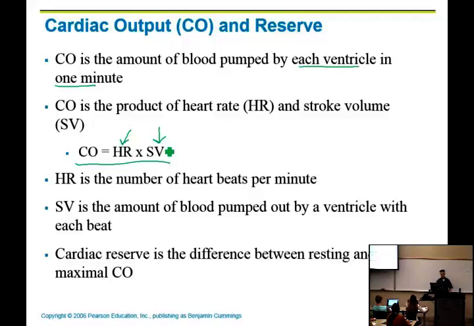Now, there's a couple different ways that that can increase. Like we said, we can increase the rate, or we can increase the force that we do for one squeeze. Like if you really squeeze the heart and make sure that there is a very low end systolic volume, then you get a lot more blood in an individual squeeze, okay?